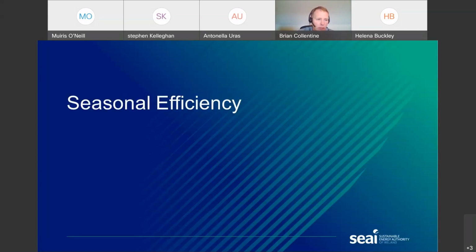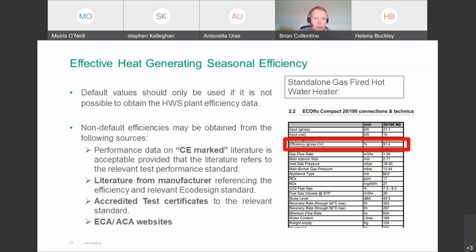Moving on to seasonal efficiency. So effective heat generator seasonal efficiency. Default values should only be used if it's not possible to obtain the HW plant efficiency data. So if you can get any data on site, it's far better off to use that information if it meets the below requirements.